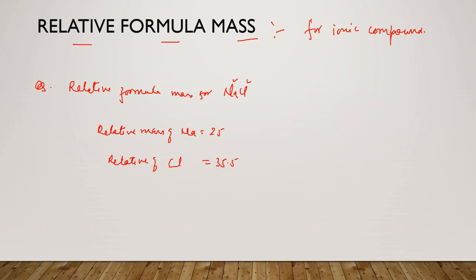So when you add together, the relative formula mass will be, oh sorry, it's not 25, it's 23. So 23 plus 35.5 is 58.5. So I hope you understood. This part is very simple.